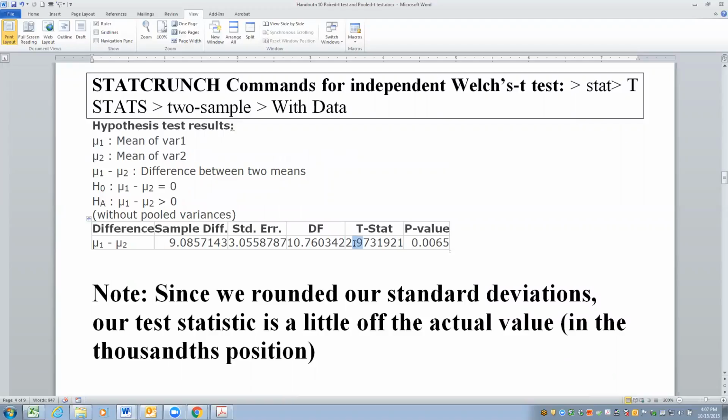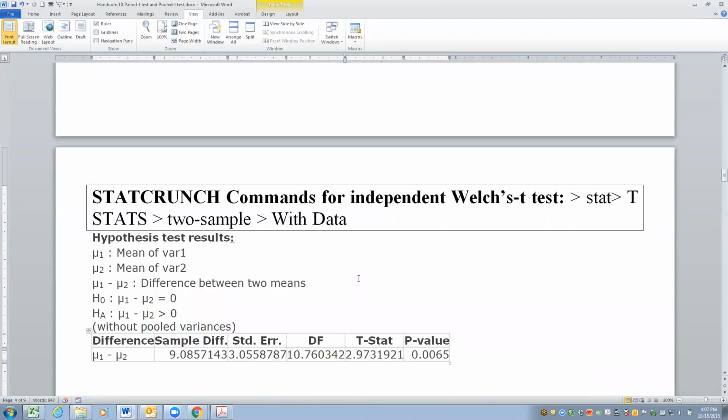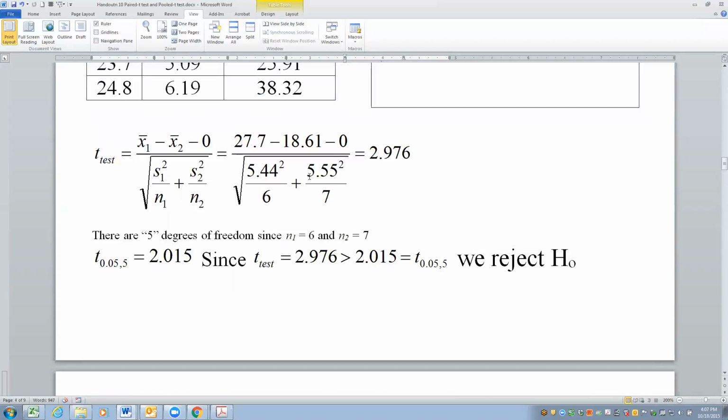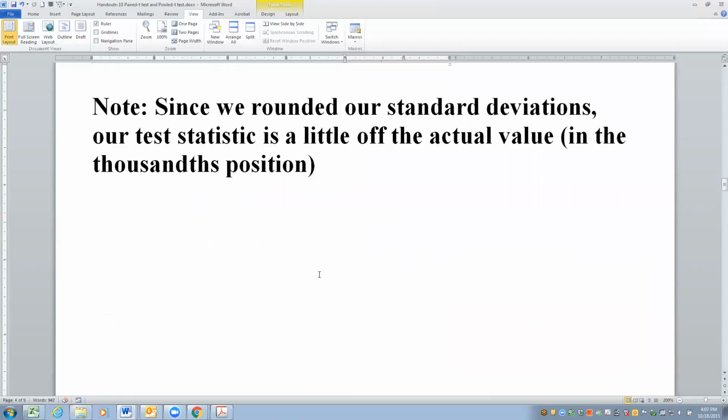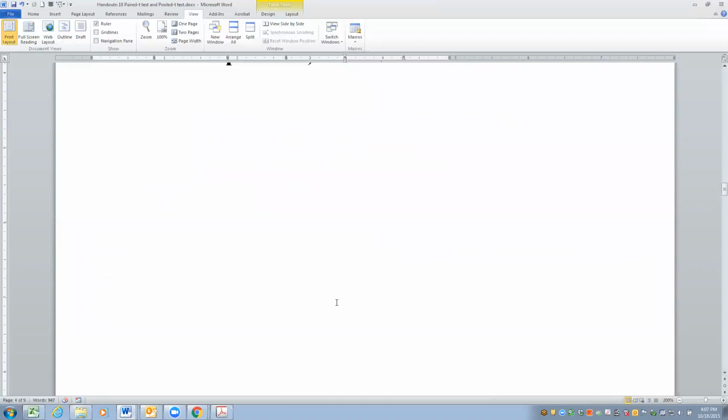Again, notice our test statistic is going to be slightly off of what we calculated because we did do some rounding up here. So let's see if we can do another couple of examples with this.